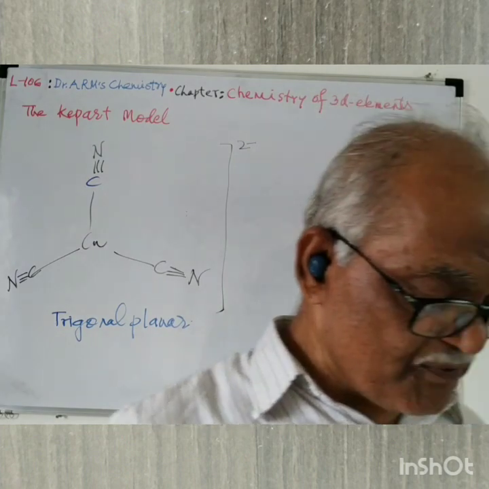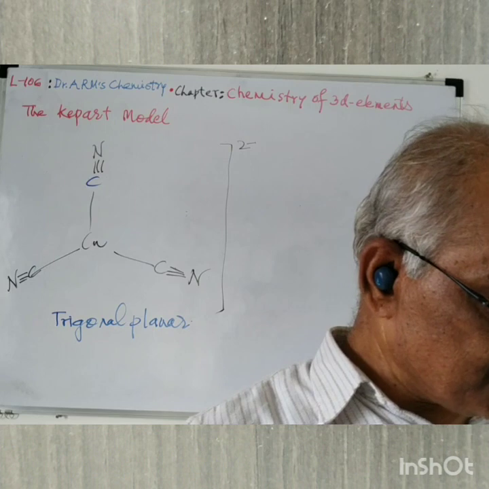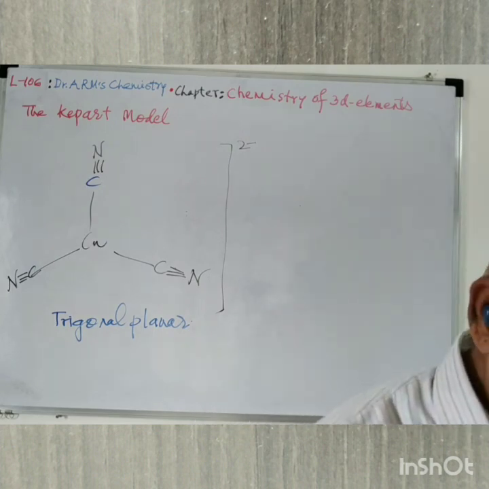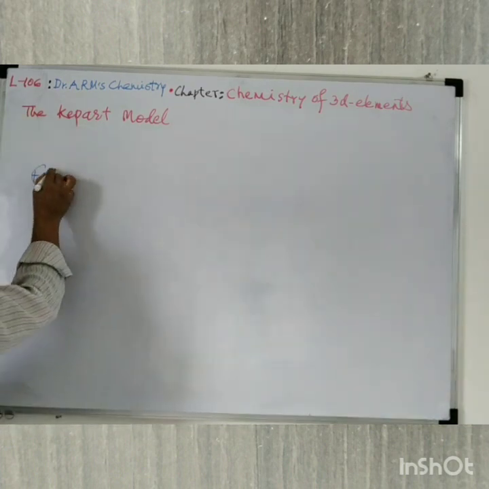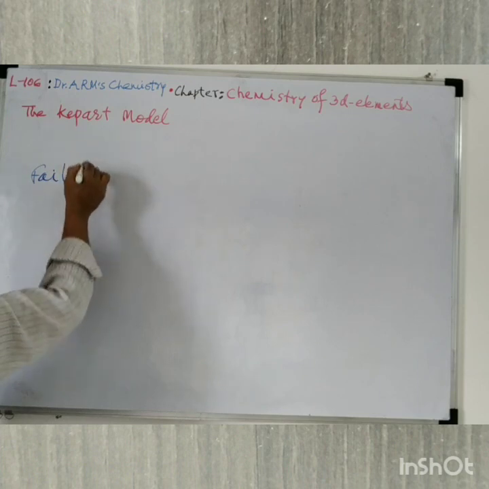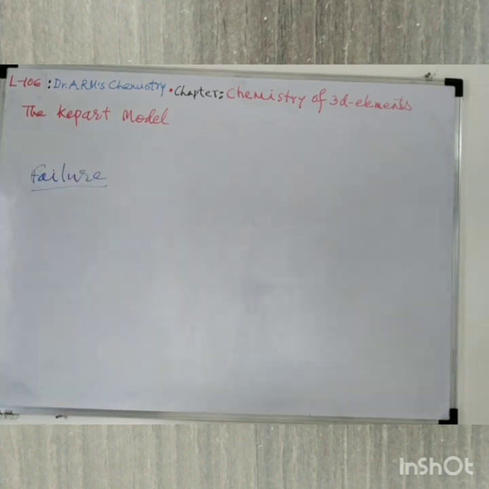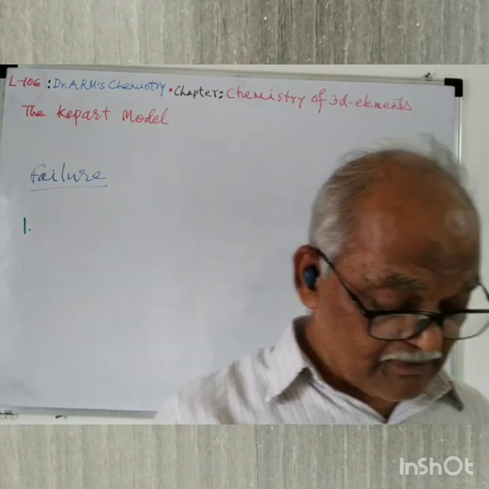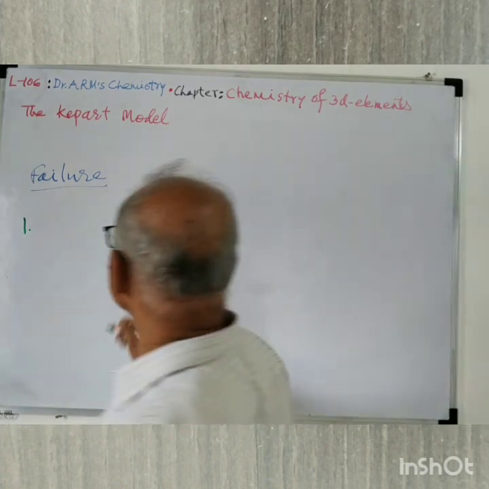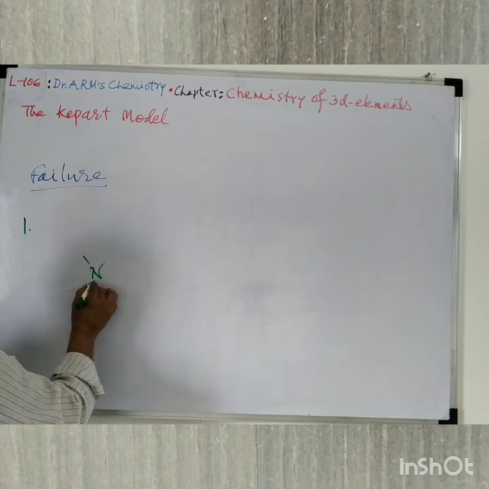So the Kepert model is also found to fail to explain a variety of facts. For example, failure of the Kepert model: it shows that in the case of a porphyrin ring, there are 4 nitrogens standing like this.